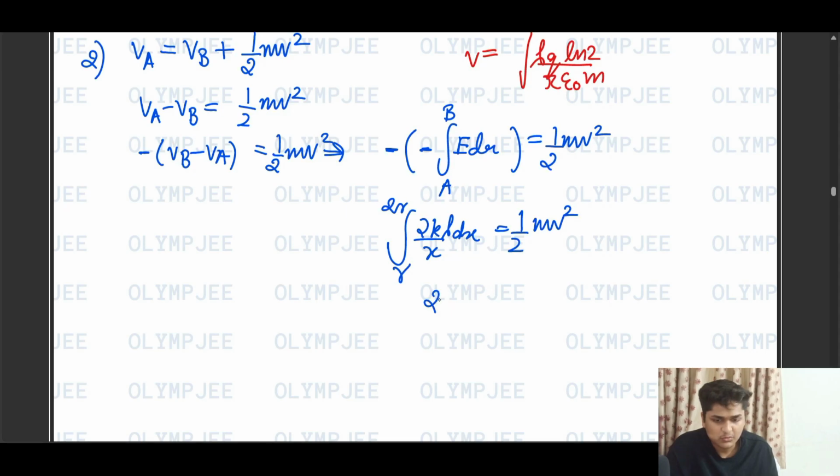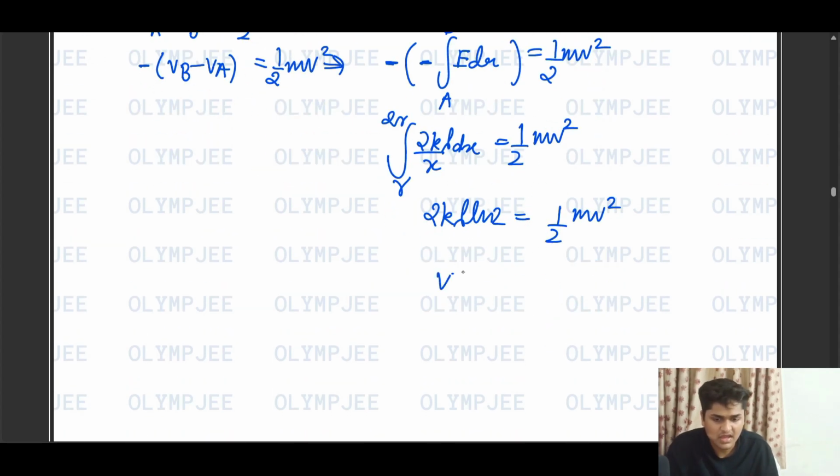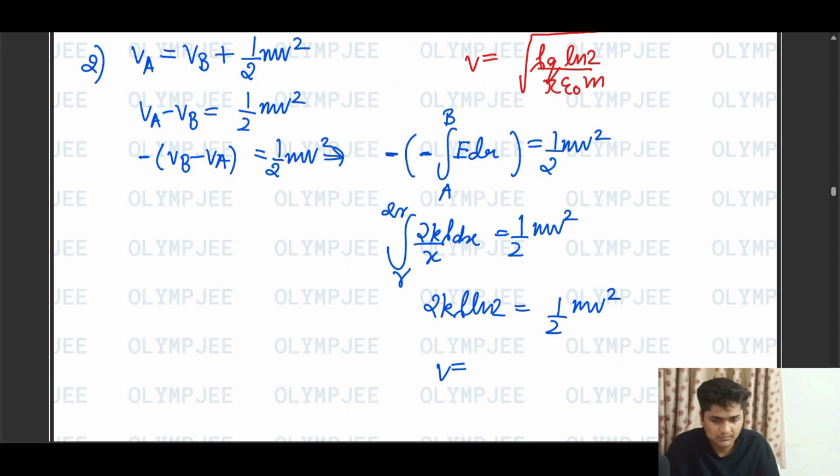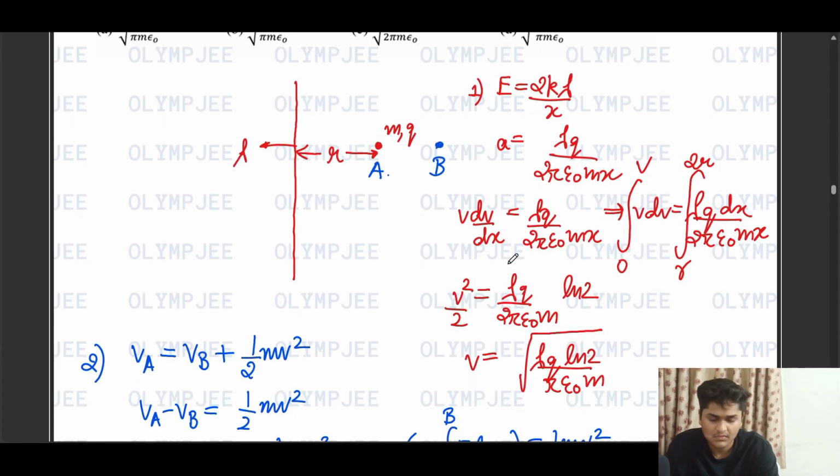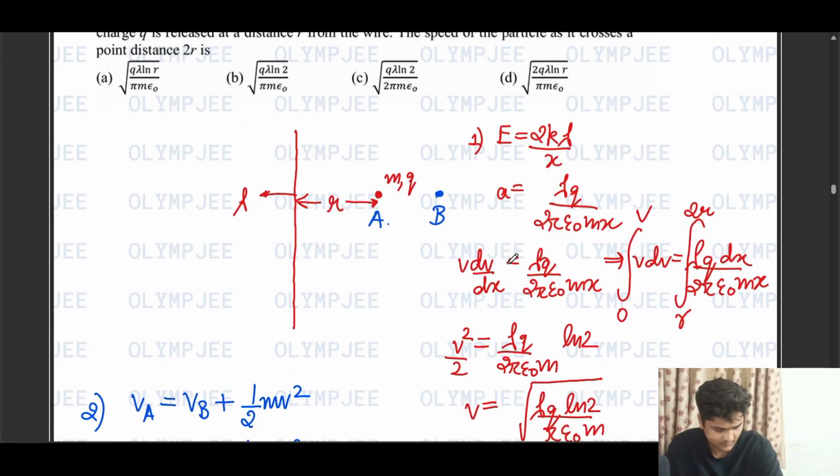So this will give us 2kλ ln 2 is equal to half mv², which will finally give us v as the same result. So the answer is option B.